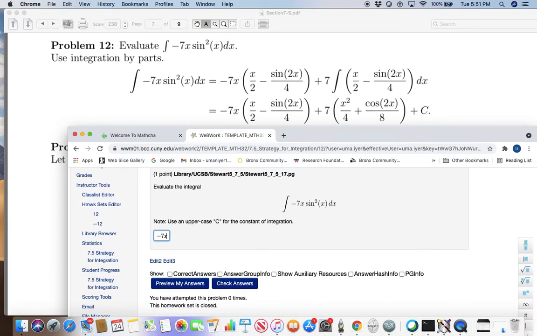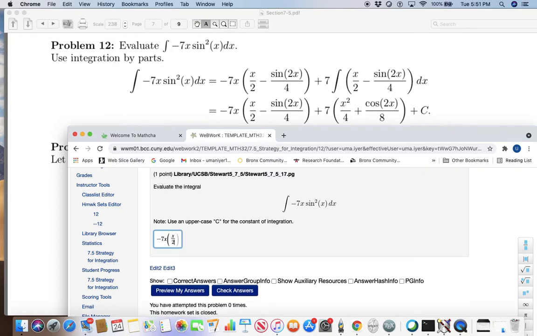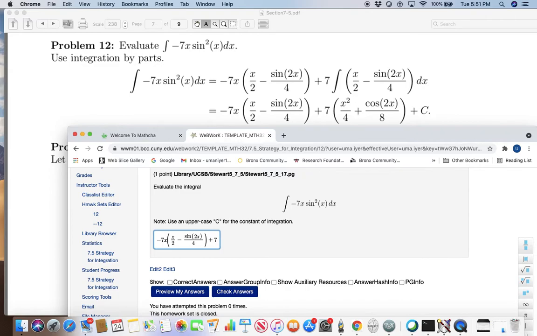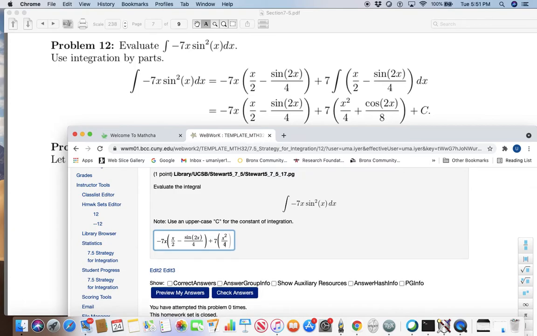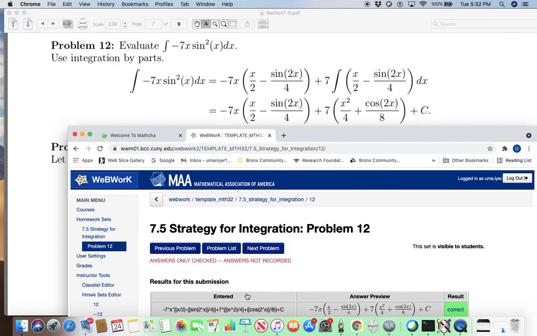Negative sine 7x times x over 2 minus sine of 2x over 4, plus 7 times x squared over 4 plus cosine 2x over 8, plus constant of integration. Correct.